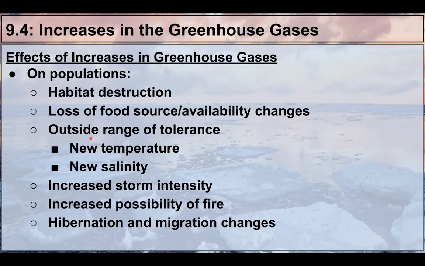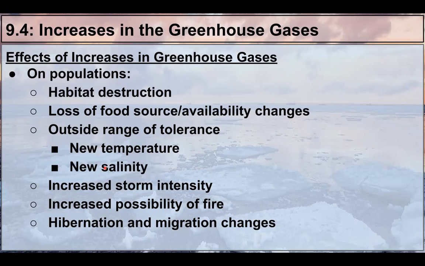And some species have a very narrow range of temperature tolerance, and as that increases, they might not be able to survive. And not only that, but think about how as ice on land is melting and going into the ocean, well, guess what? That's fresh water, and that's going to decrease the salinity of the ocean water, at least in the immediate area. So that could throw some species, again, out of their range of tolerance of salinity as well.